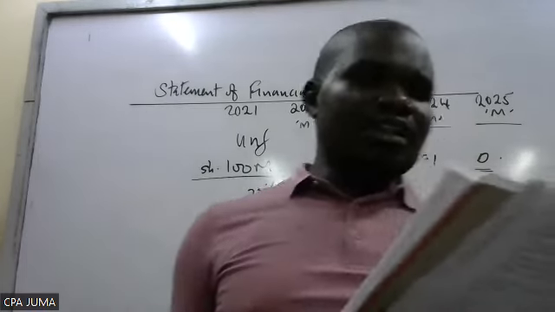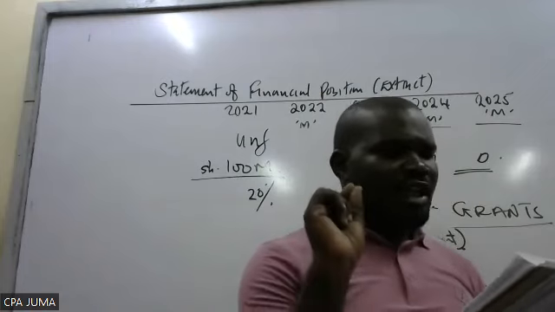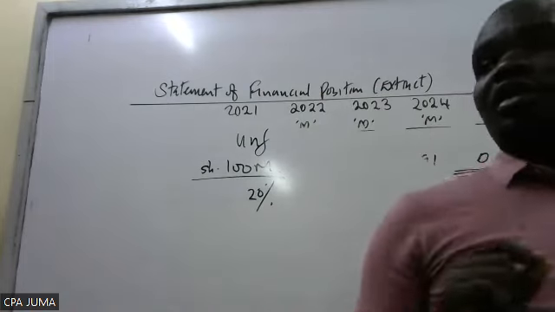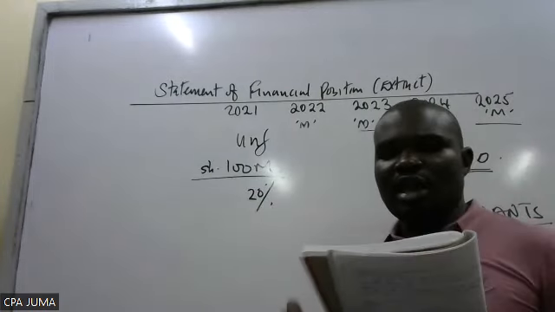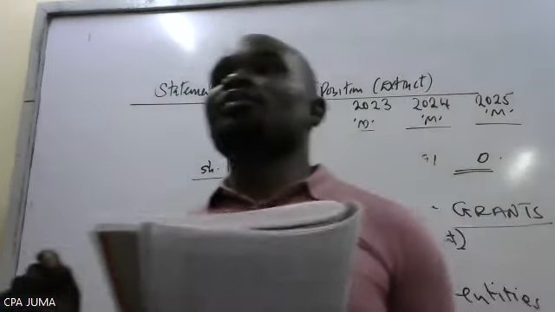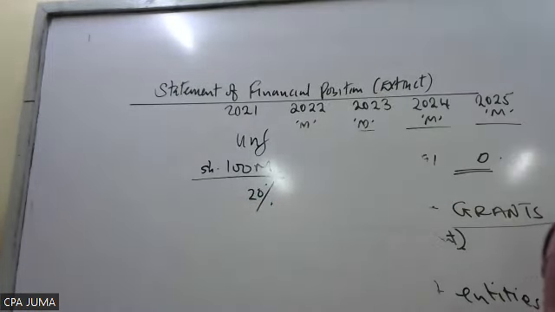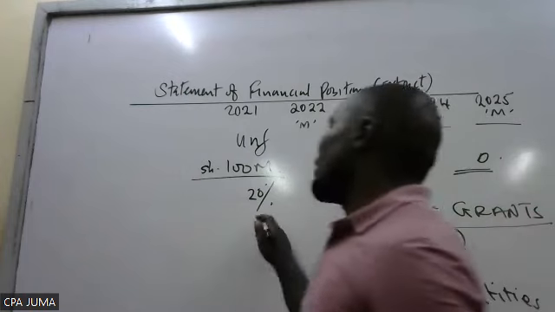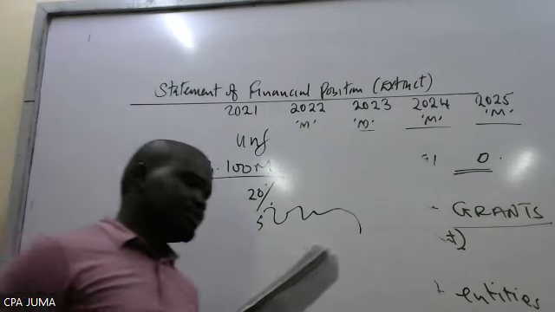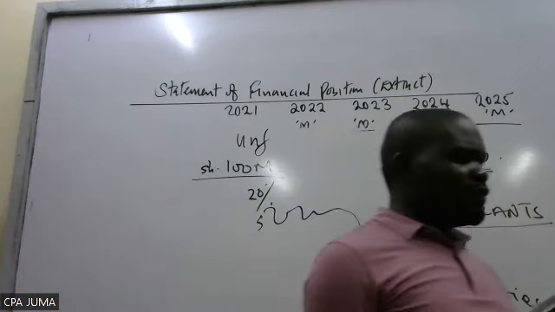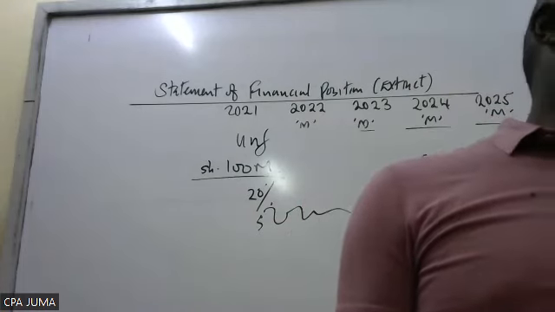The entity has projected a profit before tax of shillings 50 million for each of the 5-year period.